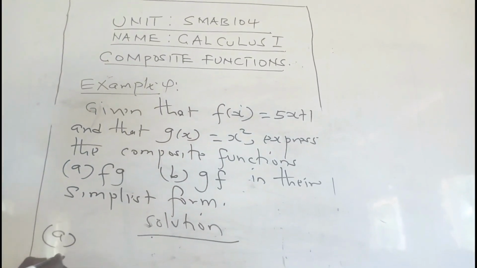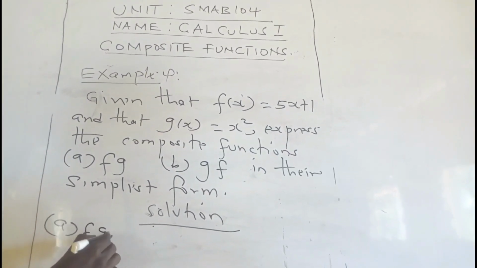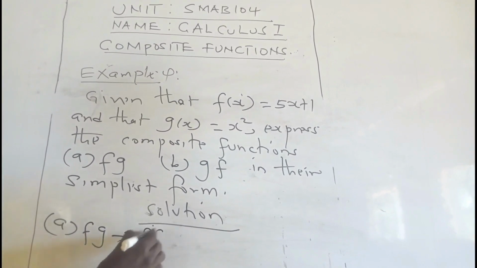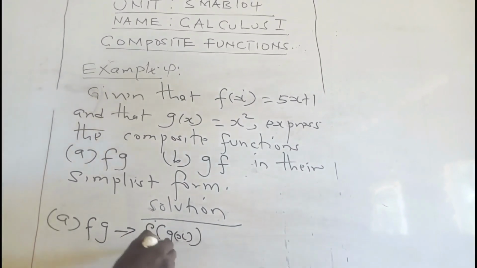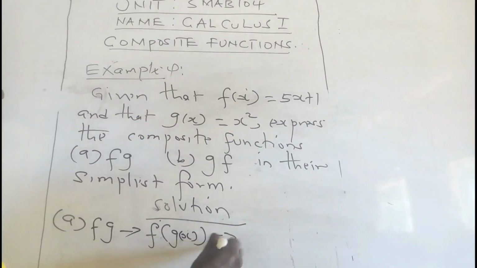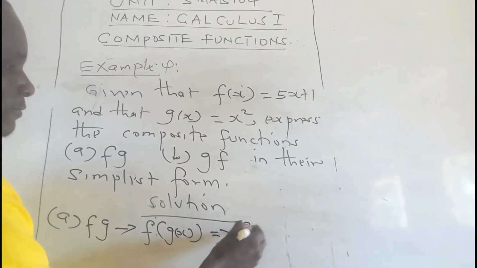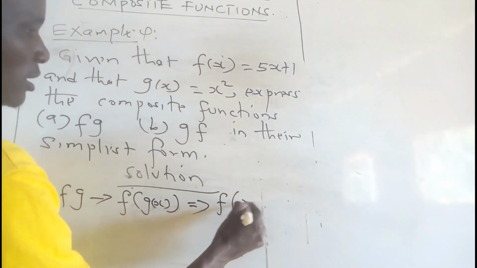For part A, which is f of g, which can also be written as f of g of x, of course, we are plugging in g of x into f. So this implies f of what we have within g of x, which is x squared.